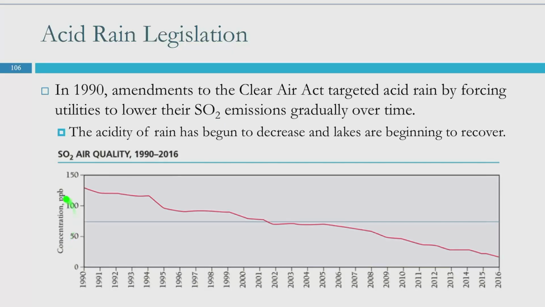And as the concentration on our y-axis here has decreased over time, our x-axis, the SO2 concentration has gone down over time, which is great. And so we're starting to see less and less acid rain because of that legislation.